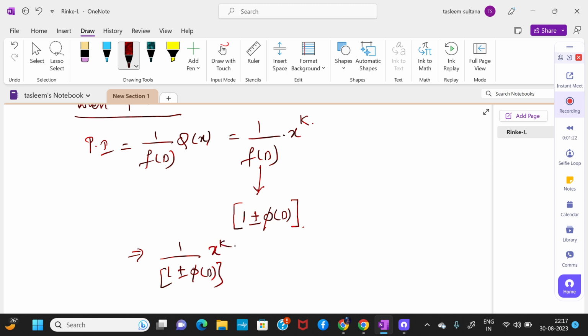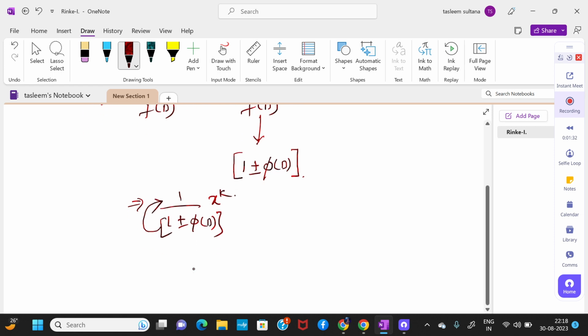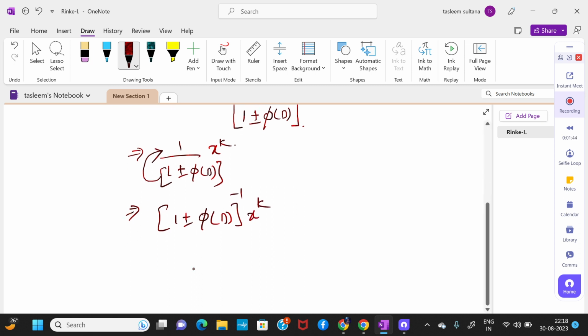After that, you're going to take this term to the numerator. When this denominator term is going to the numerator, what is going to happen? Inverse. Yes, 1 plus or minus phi of D whole to the power of minus 1 into x to the power of k. After that, you're going to apply binomial expansion here.